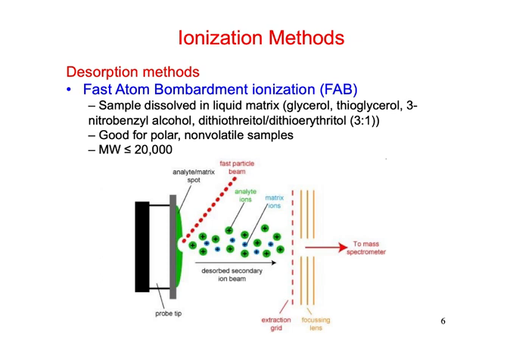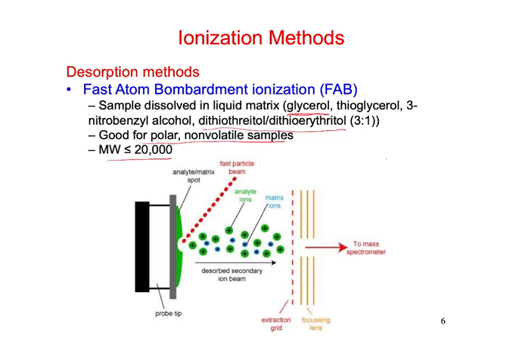So we dissolve our sample in a liquid matrix, something like glycerol, thioglycerol, nitrobenzyl alcohol, or dithiothreitol and dithioerythritol. This was, I think, called the magic bullet. It's good for polar, non-volatile samples and higher molecular weights than what we could do for EI.